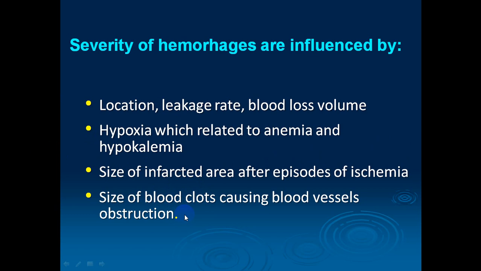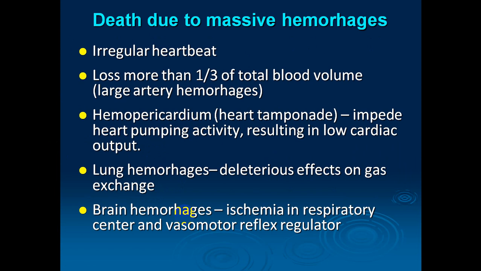And then blood clots can cause blood vessel obstructions. Death due to hemorrhage can happen if at least one third of the total blood volume escapes from the blood vessels. It can also happen due to some inhibition or blockade or disturbance in the heart pumping activity.